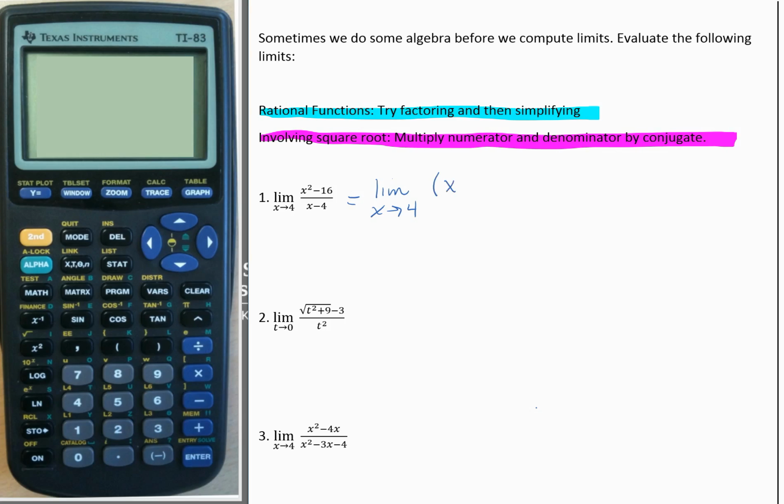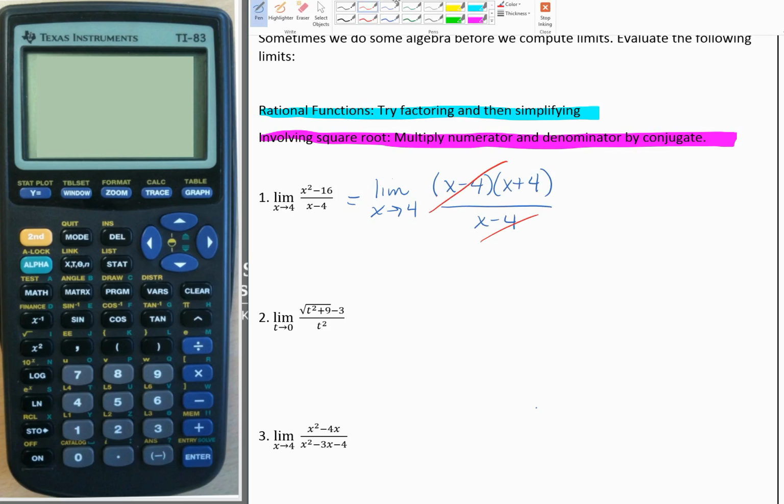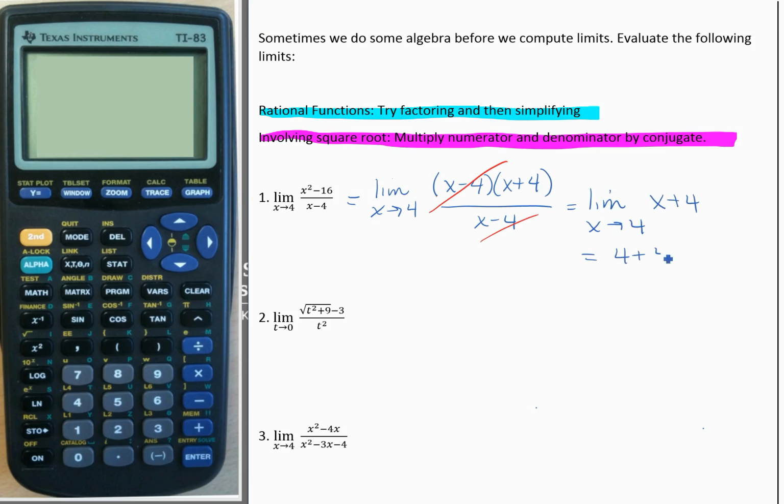So it factors as x minus 4 and x plus 4 over x minus 4. And now, since we have these common factors, we can cancel them out. And we're left with the limit as x goes to 4 of x plus 4, which is just a polynomial. So we can plug the 4 in. We'd have 4 plus 4. And our final limit will be 8.